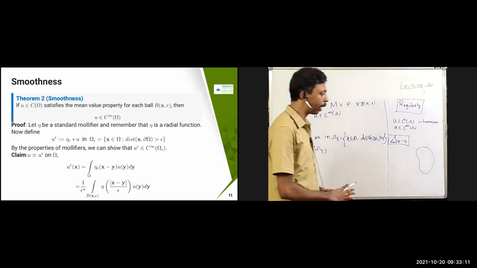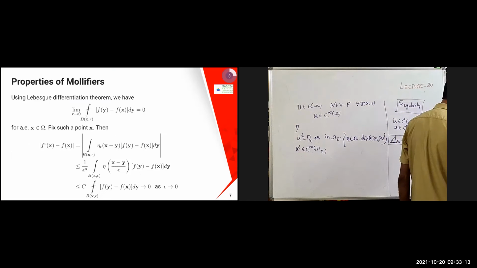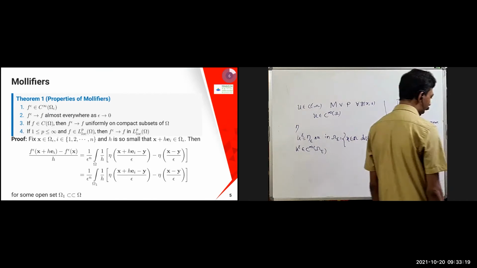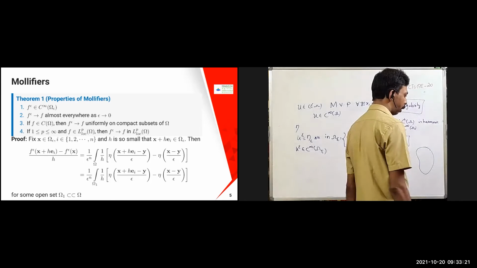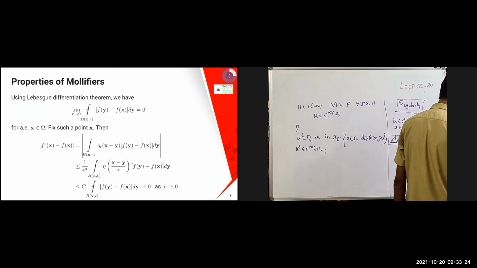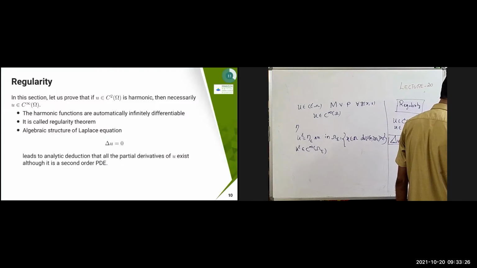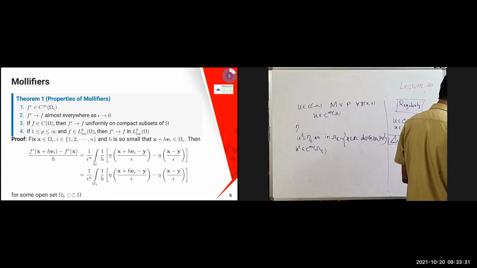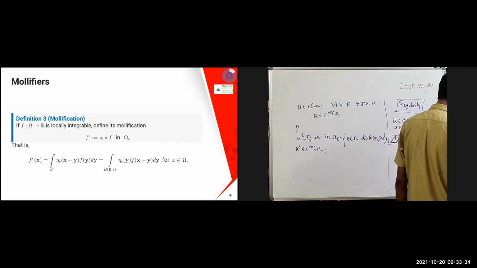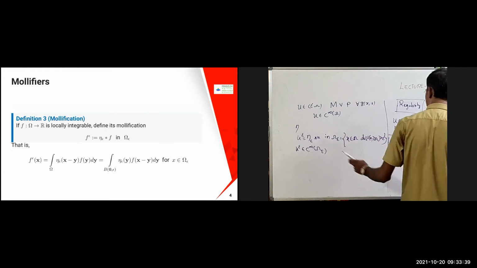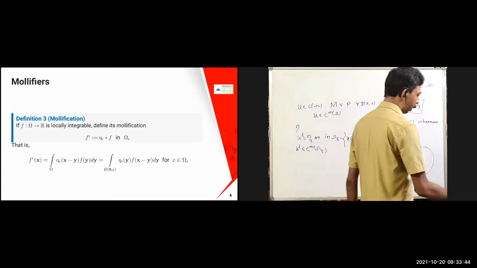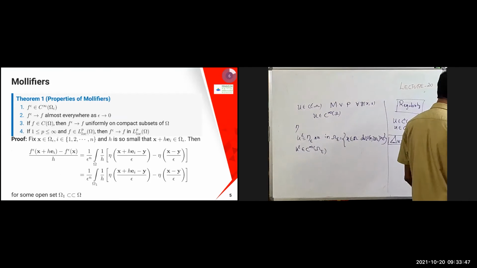If f belongs to C of omega, then f is locally integrable, so you can define the mollification, and you can prove that f epsilon tends to f, and that f epsilon belongs to C infinity.